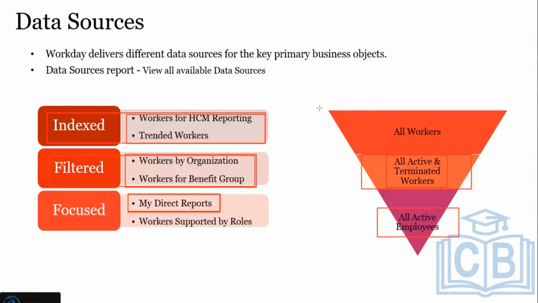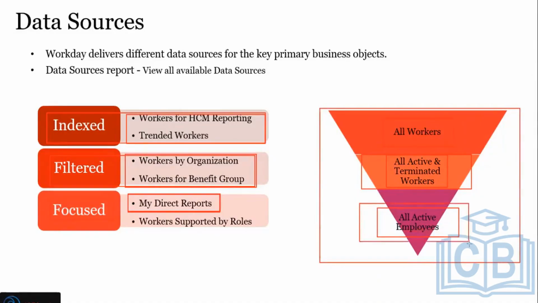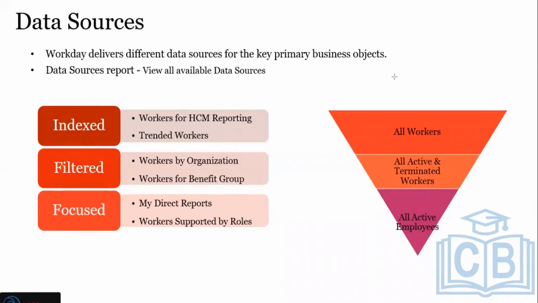You can build a report on any of these 3 data sources, but based on your requirement, this is the most efficient report. Always keep in mind what data you need and based on that, decide what data source to select. The data source determines the rows of data that your report returns.